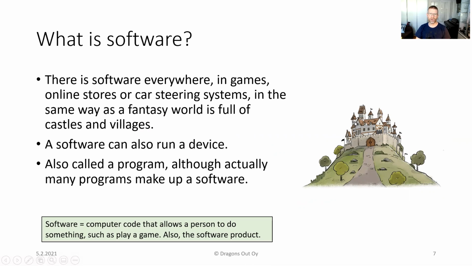Software can also be called a program, or a number of programs together is a software. It's all about definitions, it doesn't really matter what you call it. I think the idea is just that software is code that is running and doing something useful for people.